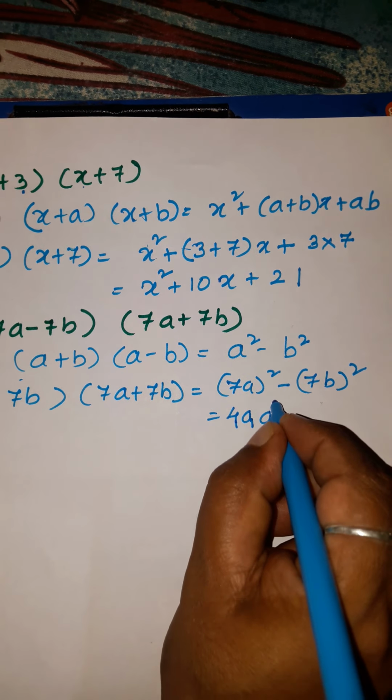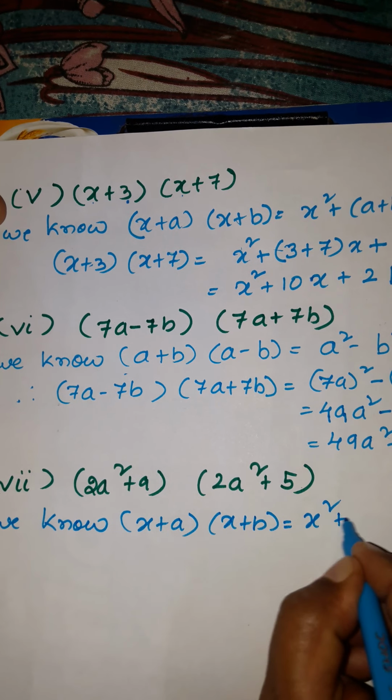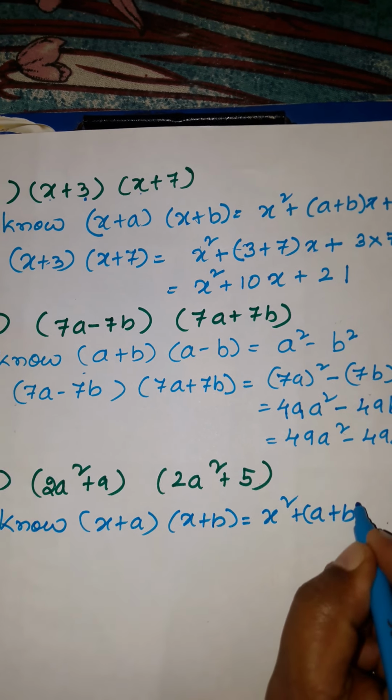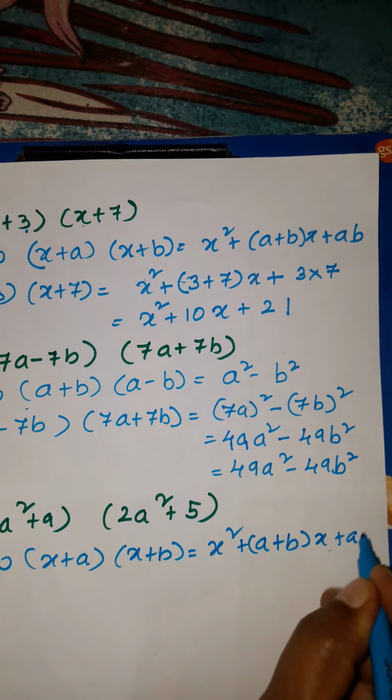2a square plus 9 into 2a square plus 5. So already we know that here the second terms are not same. So we have to apply the identity, that is the fourth identity, x plus a into x plus b is equal to x square plus a plus b into x plus ab.